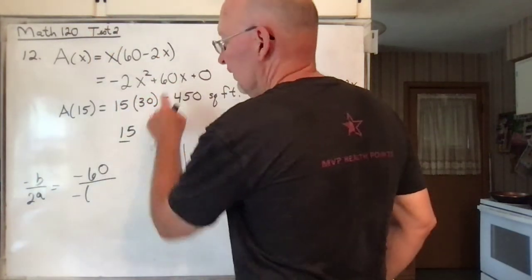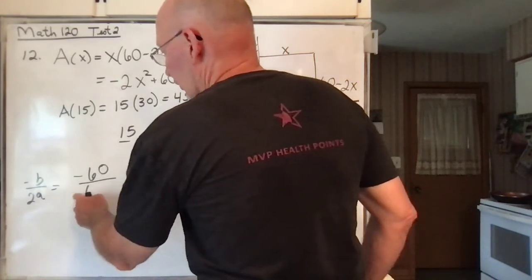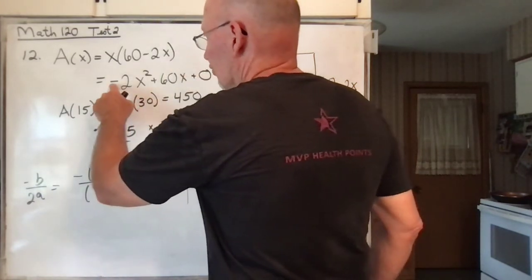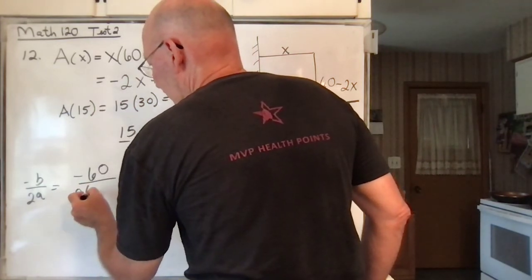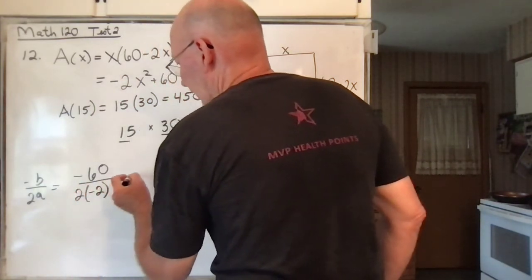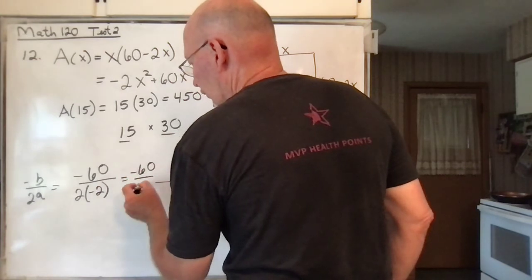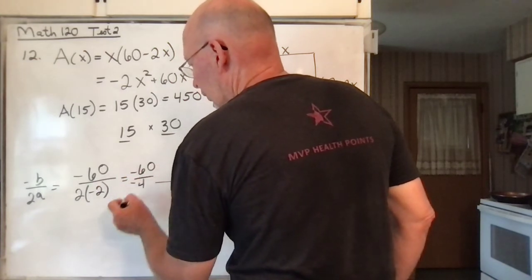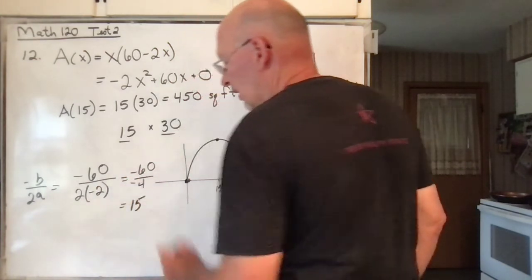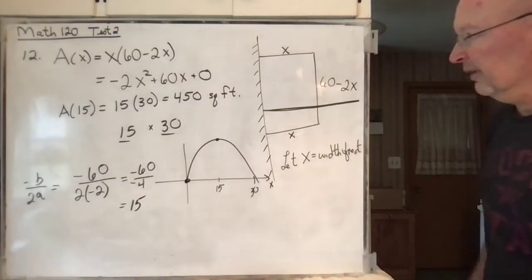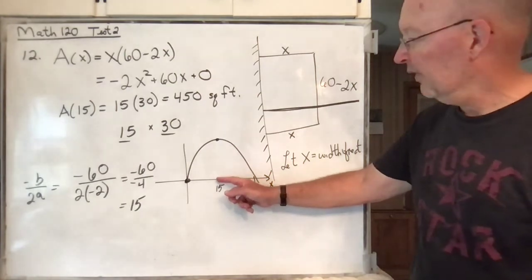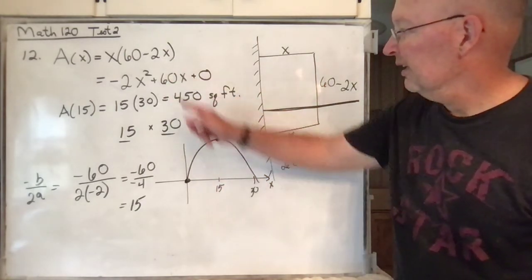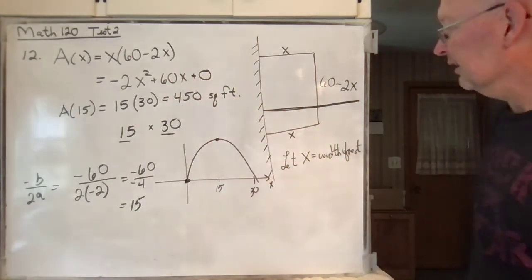So it's going to be negative 60 over 2a. A is negative 2, so it's going to be 2 times negative 2. So that's negative 60 over negative 4, which is 15. So there's another way to find the x value of the vertex. So the x value is 15. Stick it in here, and you get the area.